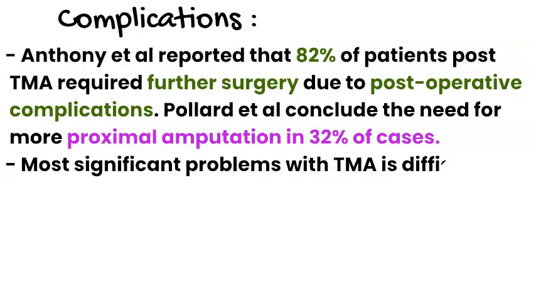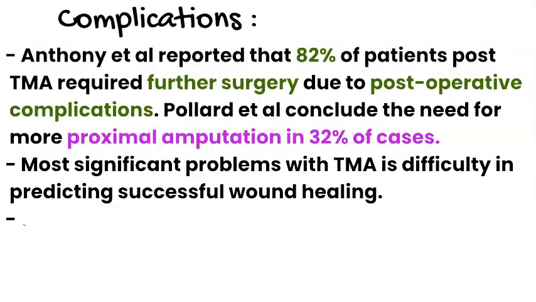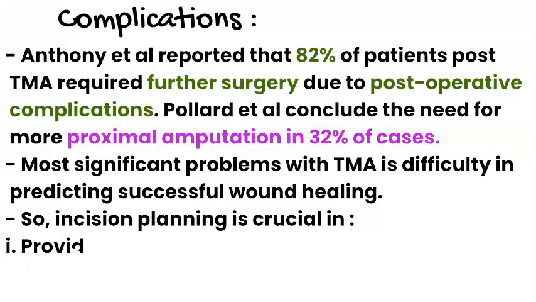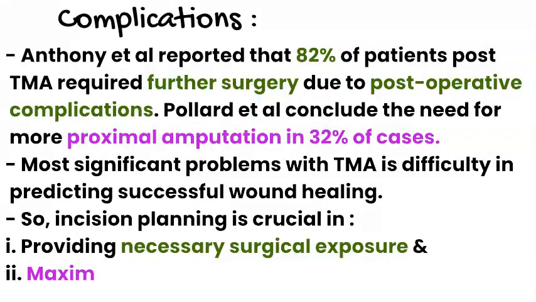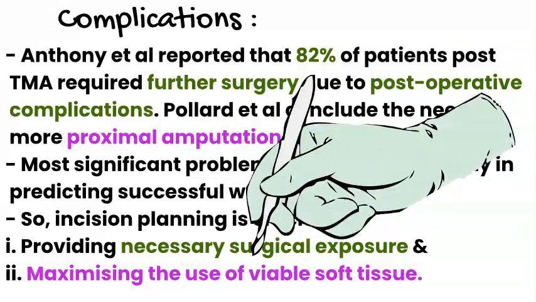Most significant problems with transmetatarsal amputation is difficulty in predicting successful wound healing. So, incision planning is crucial in number 1, providing necessary surgical exposure, and number 2, maximizing the use of viable soft tissue.